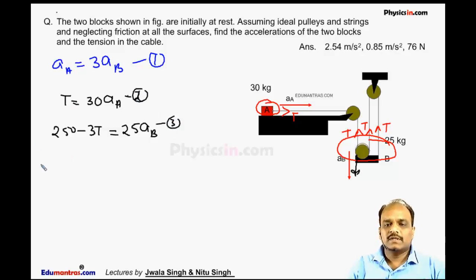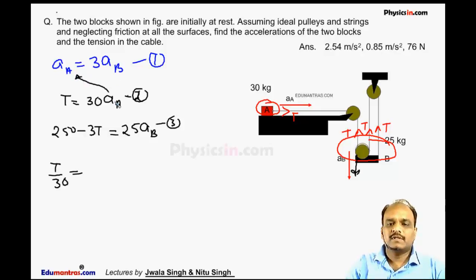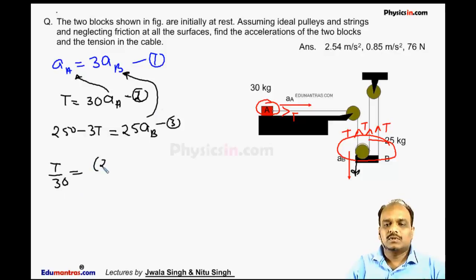Now from the first, second and third relations we can say acceleration of A means T by 30 is equal to, substituting the value of A and AB, T by 30 is equal to (250 minus 3T) divided by 25 into 3.